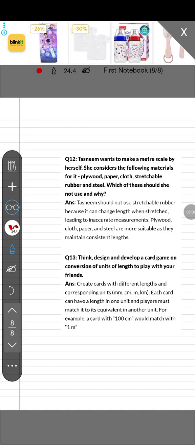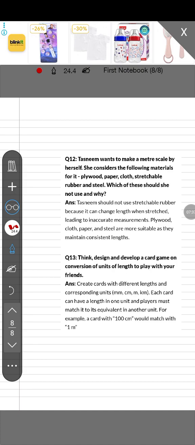Plywood, paper, cloth, steel are all fixed, but stretchable rubber is not fixed. So Tasneem should not use stretchable rubber because it can change its length when stretched, leading to an inaccurate measurement. Plywood, cloth, paper, steel are suitable for measuring as they maintain consistent length. They do not change their length.